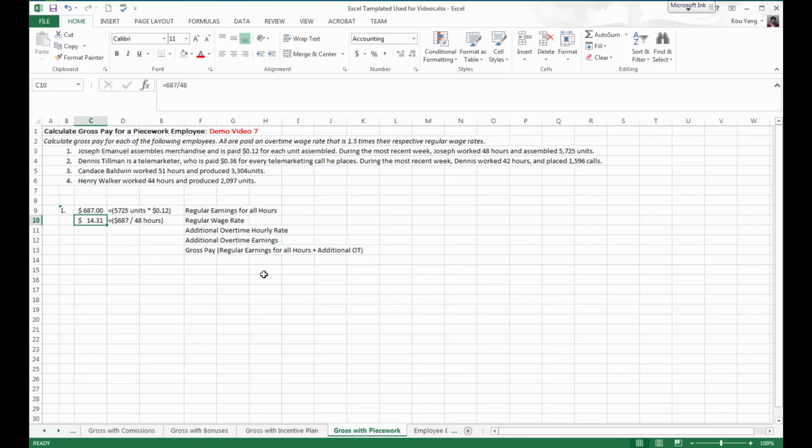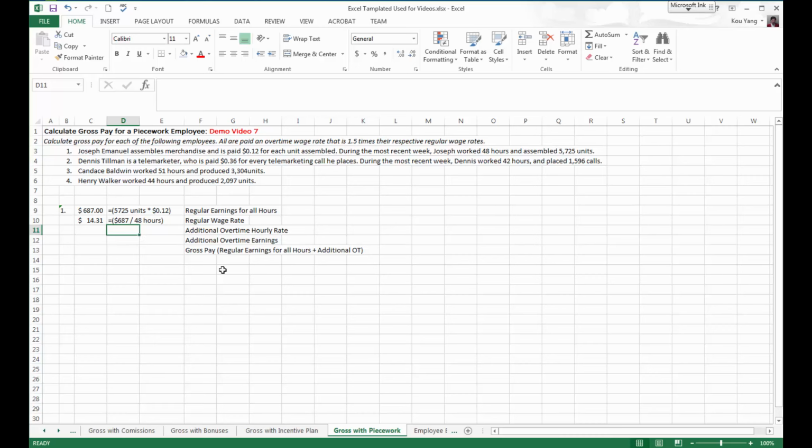That's going to get him a regular wage rate of $14.31. I'm basically taking the regular earnings and dividing it by the number of hours that he worked, which is the 48 hours up here, to get a regular rate of $14.31.